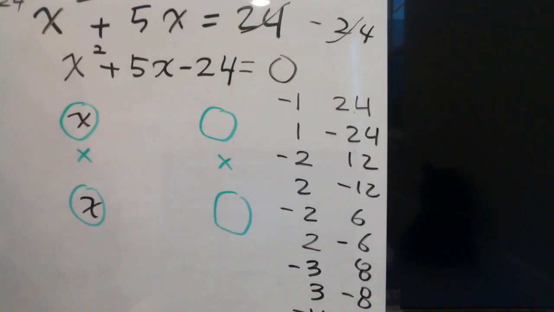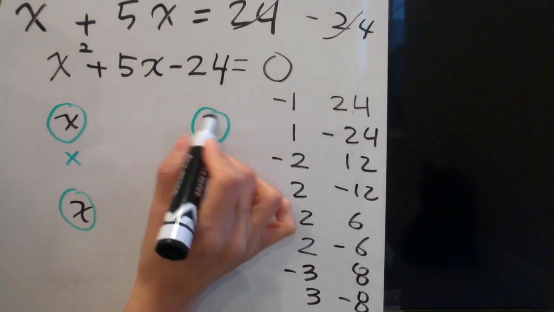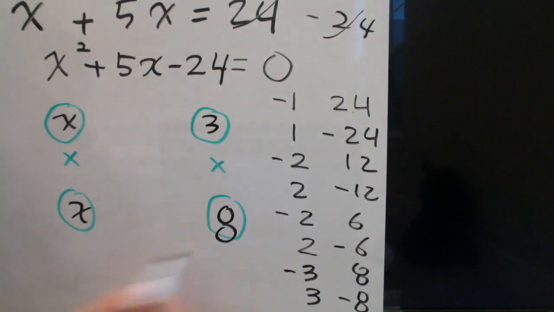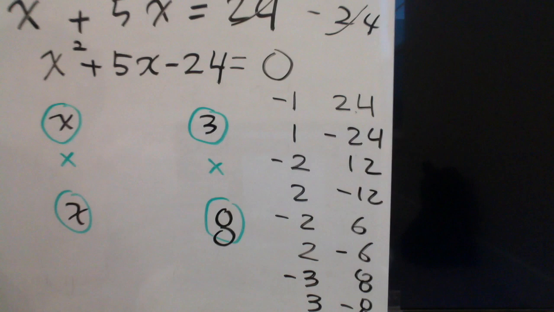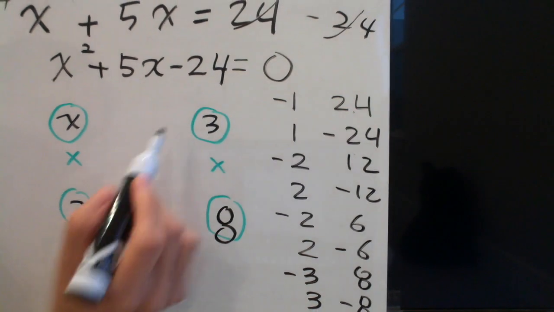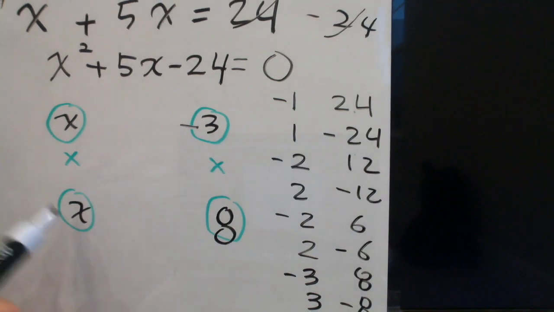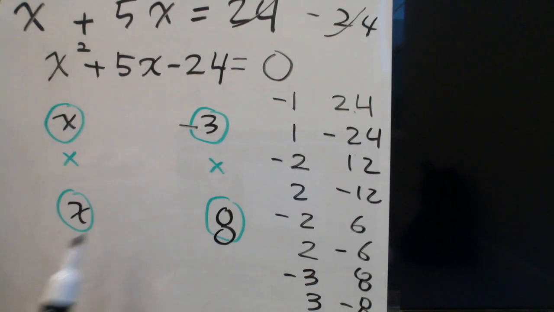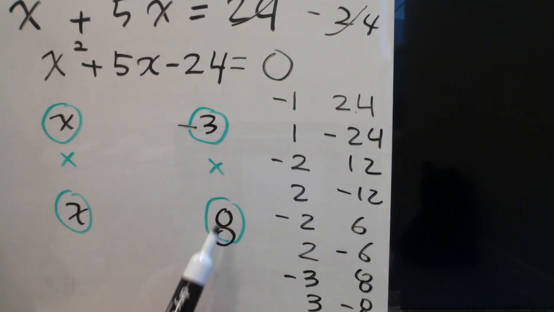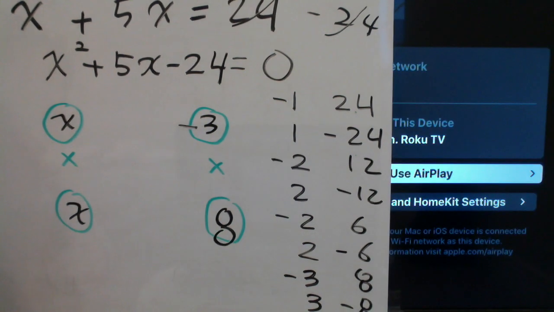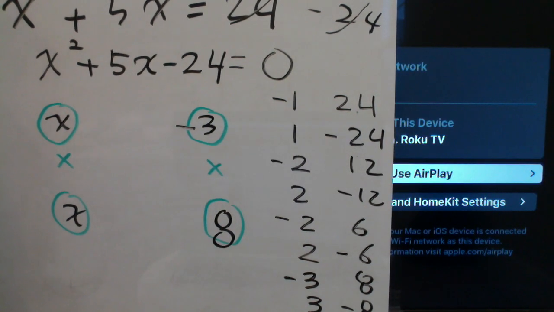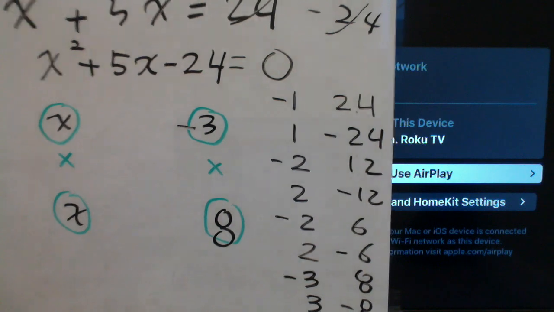So for me, my choice will be 3, 8. Okay, and then I'll put negative 3 here. So let's check. X times x is x squared, right? Negative 3, 8 times negative 24. Okay, and now what do we need to see?